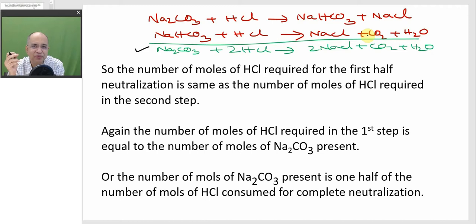I think you do. At 8.3, in the vicinity of 8, that means in the distinctly alkaline region, you find the color change for phenolphthalein. In fact, sodium bicarbonate has a pH equal to 8.3. So the equivalence point and the end point appear together at 8.3, or in the vicinity of 8. So phenolphthalein changes its color, and sodium carbonate at that time is half neutralized to sodium bicarbonate.